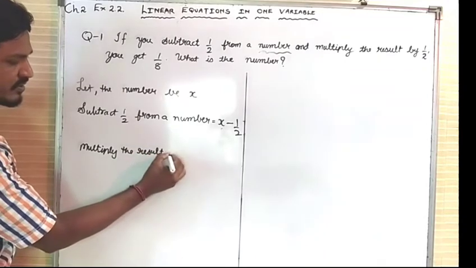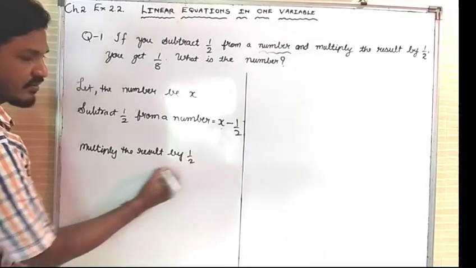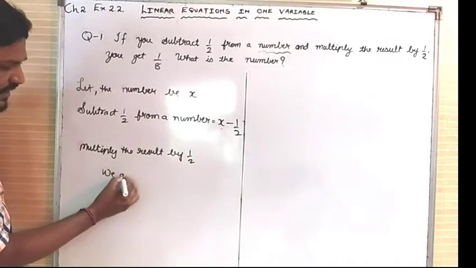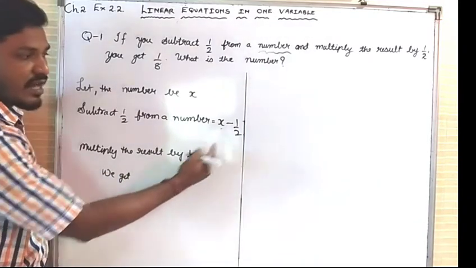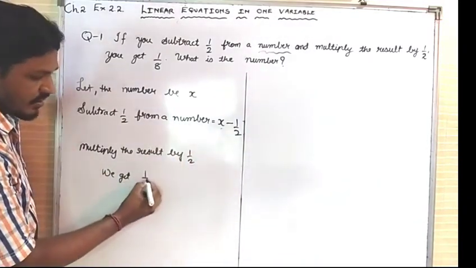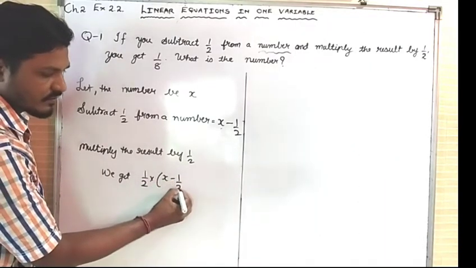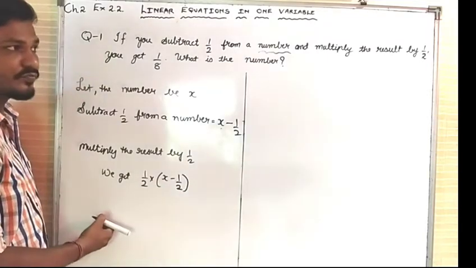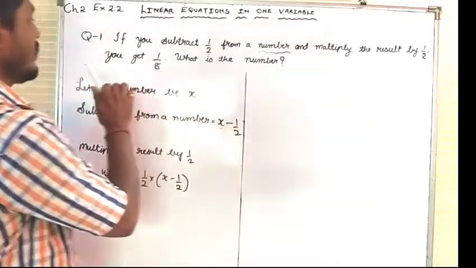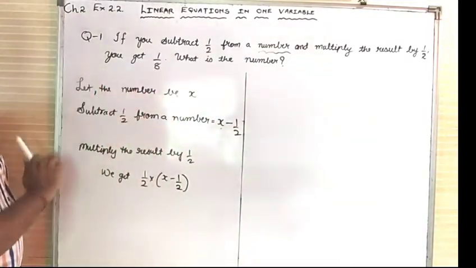Whatever result we got, multiply it by half. We have to multiply this half with this result: half multiplied by x minus 1 by 2. You get 1 by 8.